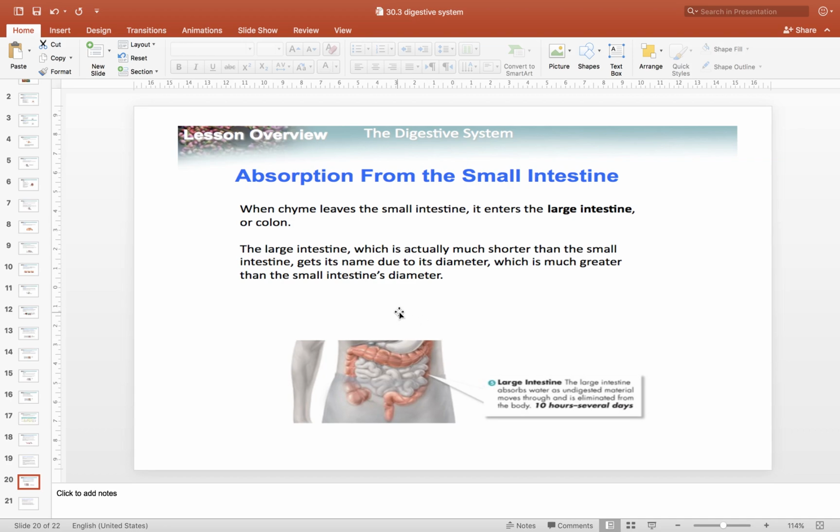Those who have proper bowel movements, elimination of waste, usually have some water content. Those who have a poor fiber diet can end up having constipation, and that is when too much water has been removed from this waste material, leaving the waste much drier and harder to move and eliminate.